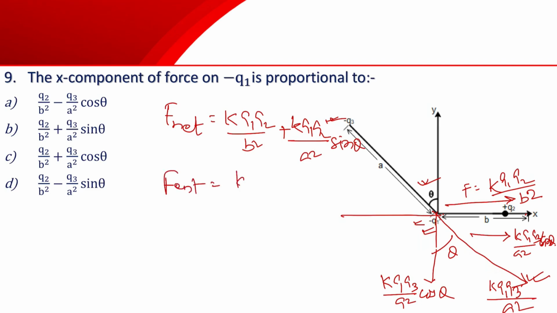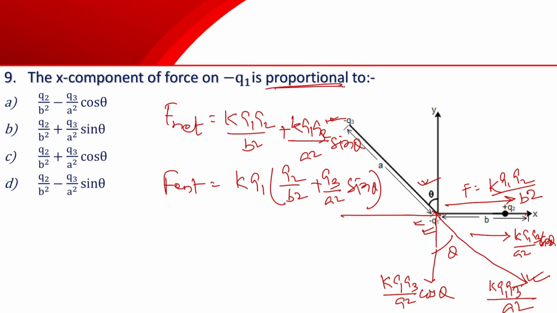If you take constants outside, then F net will be K Q1, that is the constant, then it will be Q2 by B square plus Q3 by A square, sin theta.